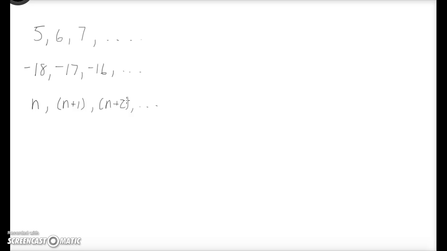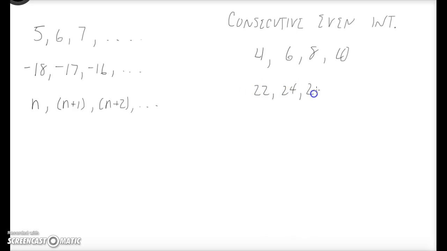Now we can also talk about things like consecutive even integers, okay, which would be things like 4, 6, 8, 10, or things like 22, 24, 26.